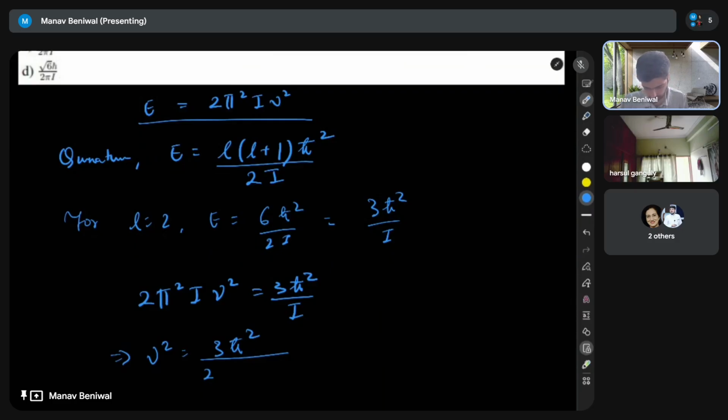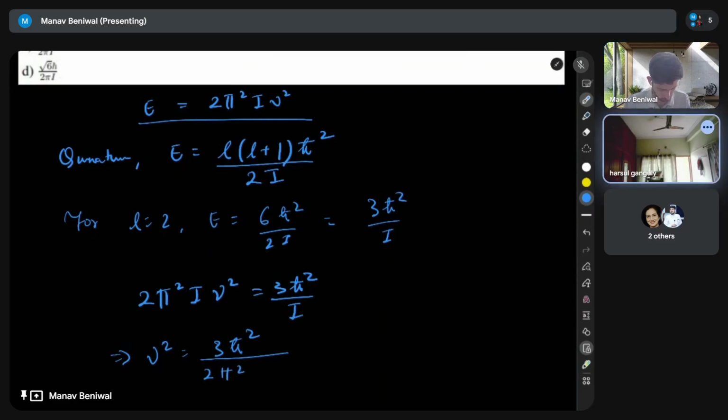That is, 6 h cut squared upon 2 pi squared, and then I squared.